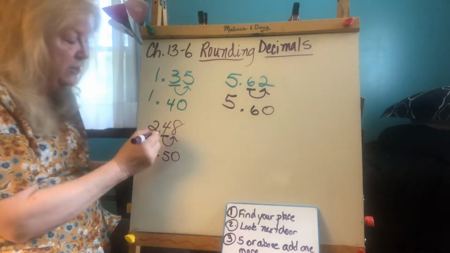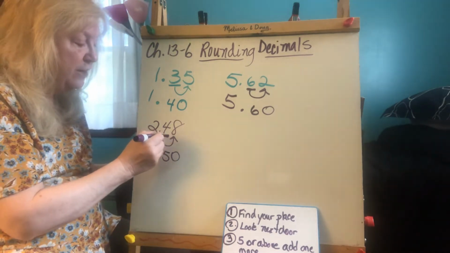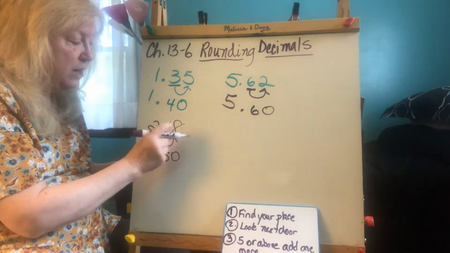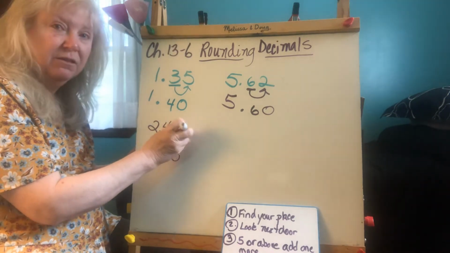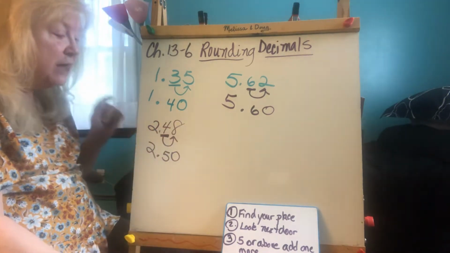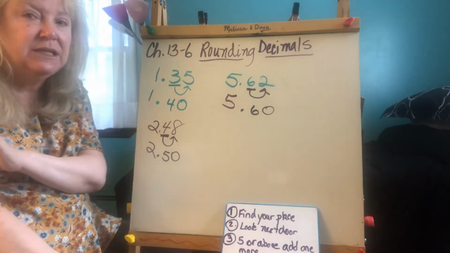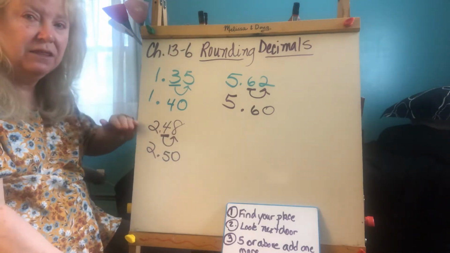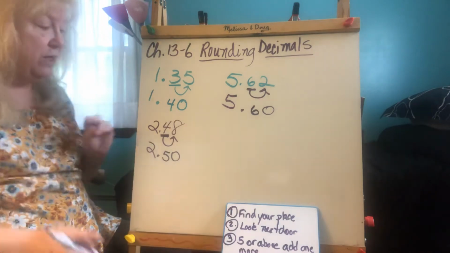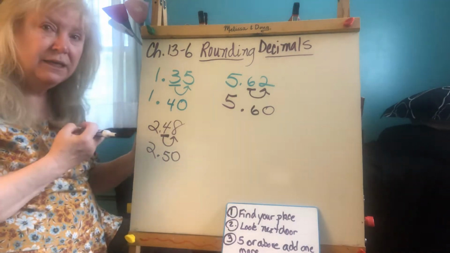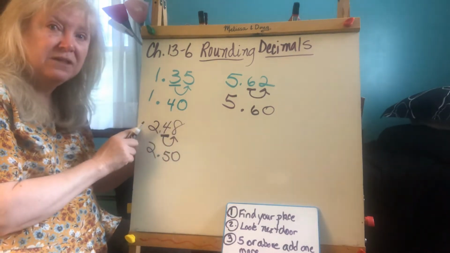So everything hinges around this line. Once you find your place, then you look next door. This digit here, the one with the arrow, tells you, don't pay attention to what it says in the book. This is an easier method. They do the arrows a different way than I do. But with all my years, this I think is the best way to do it.